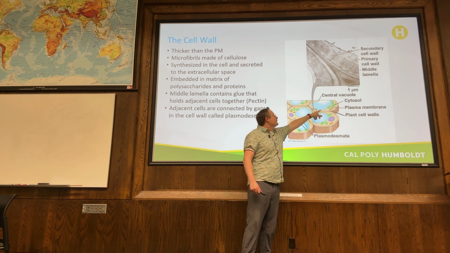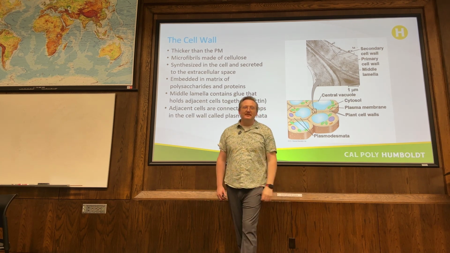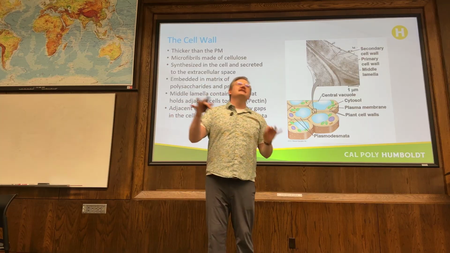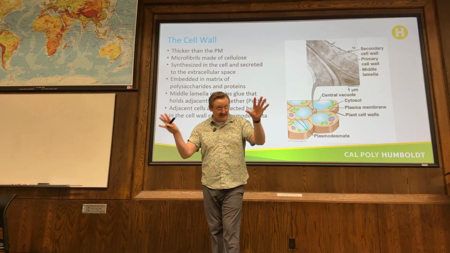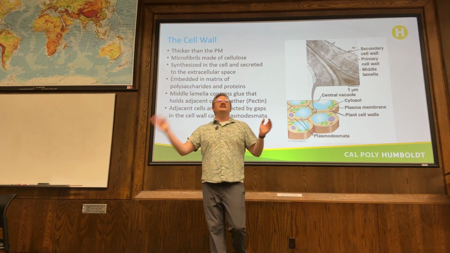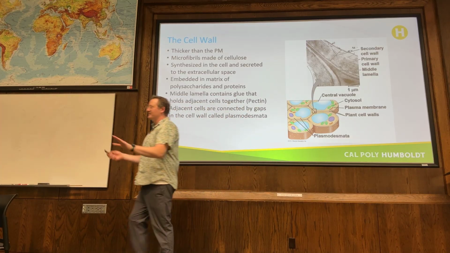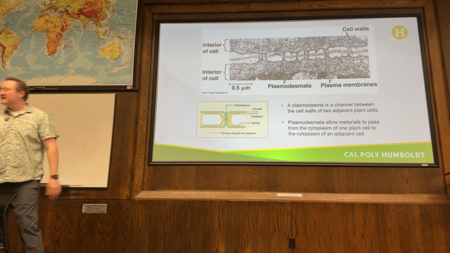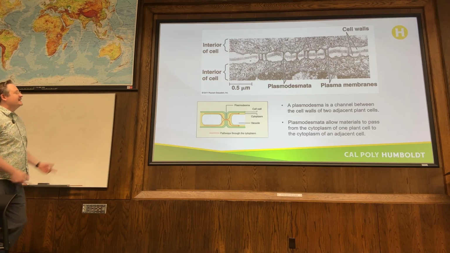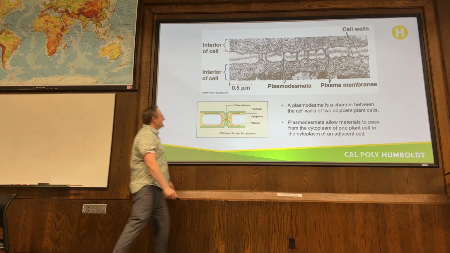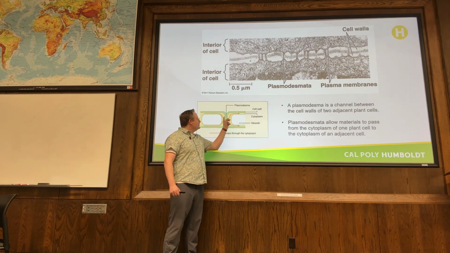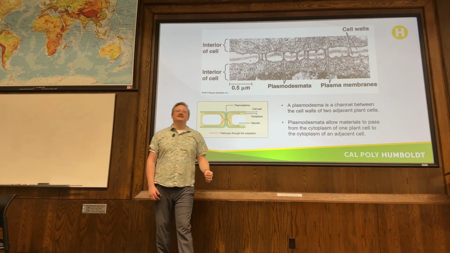Not everything can freely pass through the plasmodesmata, and plasmodesmatal regulation is its own field of study. So what can cross, what can't cross, its own specialization. Here's a little actual image of some plasmodesmata, and check it out, right? The cytoplasm ends up being continuous through the plasmodesmata.